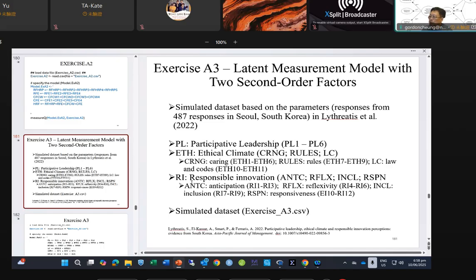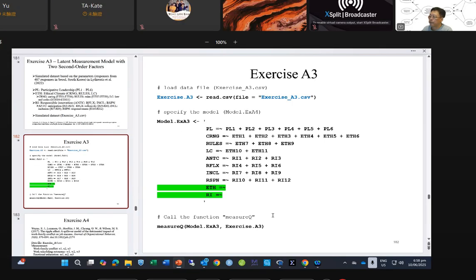Another second order factor, responsible innovation, has 4 dimensions: anticipation by 3 items, reflexivity by 3 items, inclusion by 3 items, and responsiveness by 3 items. The simulated data set is in a3.csv.